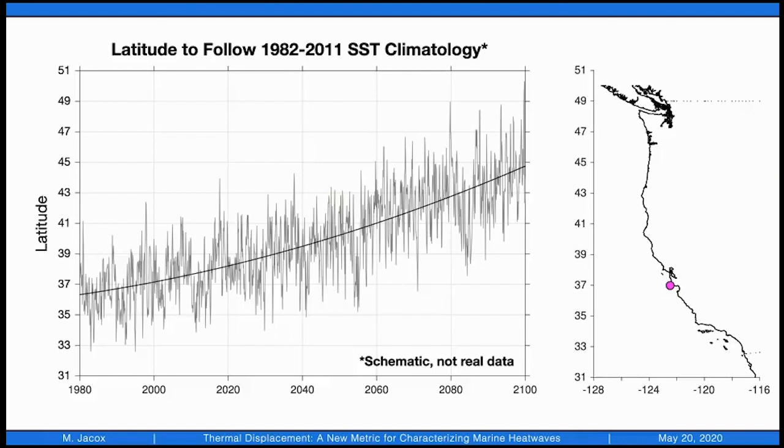So this is saying that as things get warmer and warmer, you're going farther and farther north in the mean, and also that there's variability about that mean shift towards the north.